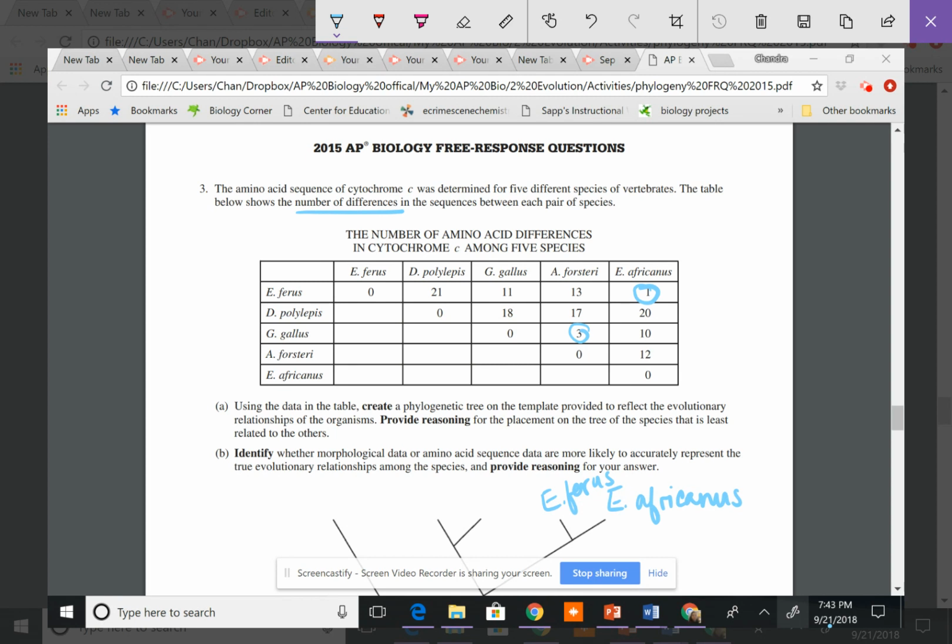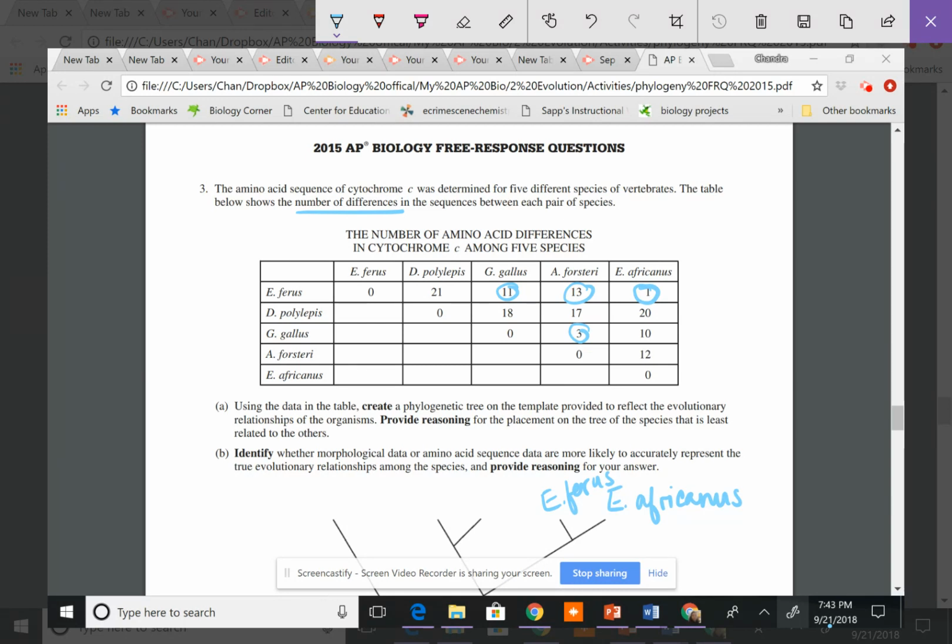Do we have enough information? I don't know. Let's look at some more things. We know that foresteri and gallus have 3 differences between the 2 of them. But what is the difference between gallus and ferris, or foresteri and ferris? Between gallus and ferris, there's a difference of 11. Between ferris and foresteri, there's a difference of 13.